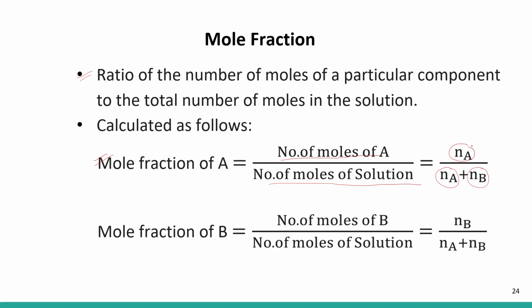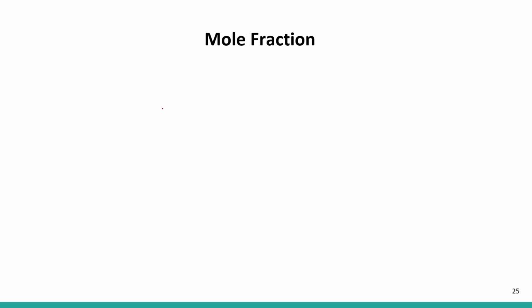By dividing we get our desired mole fraction of A. Similarly for B, you take the number of moles of B divided by the total number of moles in the solution, that is Nb by Na plus Nb, where the symbols have the same significance as before.